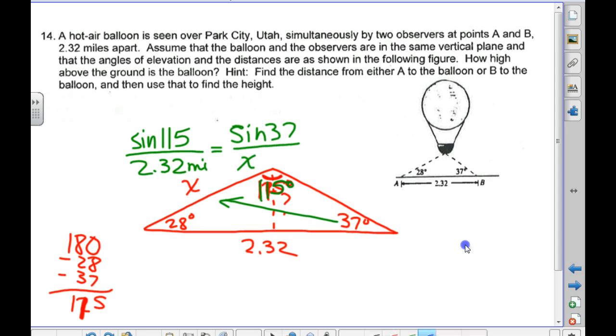And then once we know that side, what did you get? I got 0.655 miles. Right here? Oh wait, no, that was the height, sorry. I got 1.396, I believe.